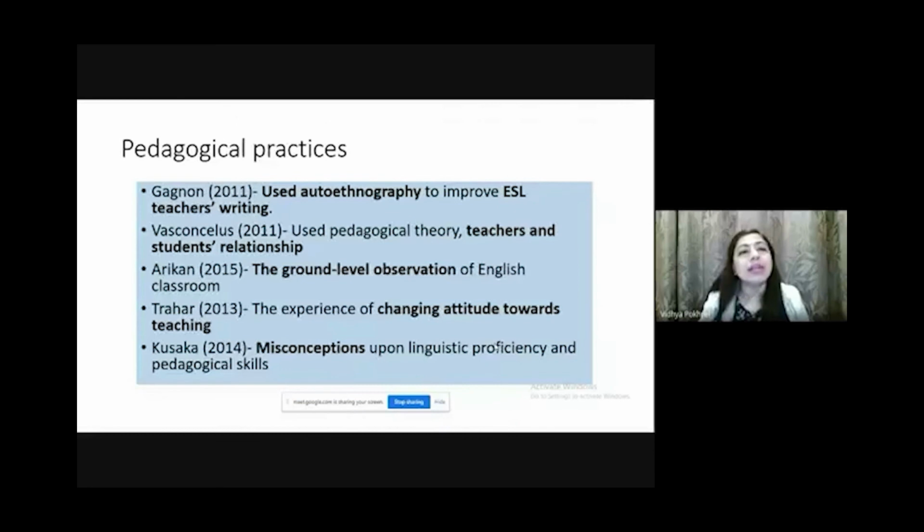And from my study, Gagnon 2011 brought the experiences of using autoethnography to improve ESL teachers' writing.